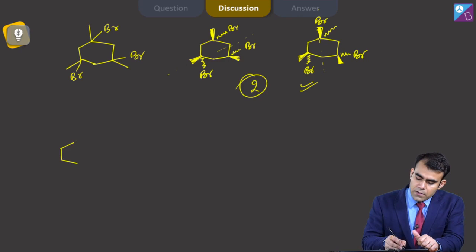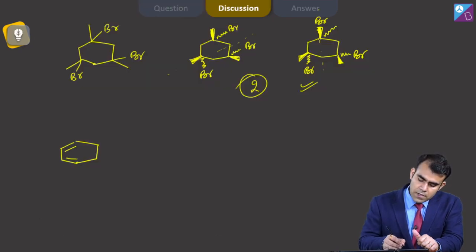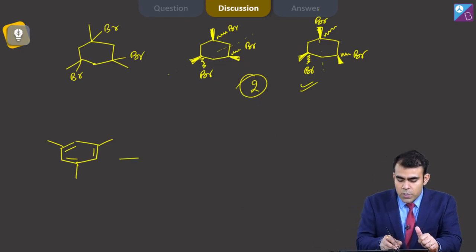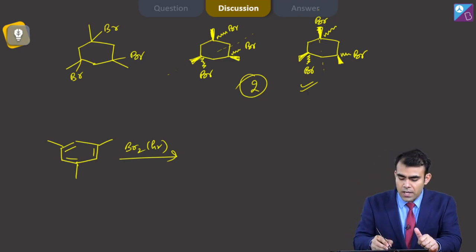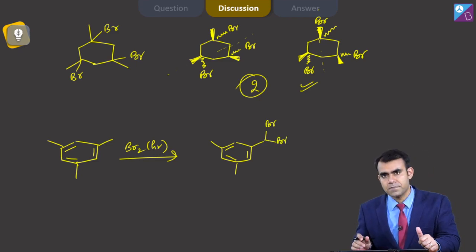Now my Q is this one. Here we have an aromatic compound and 1, 3, 5 positions contain methyl groups. Now we are doing bromination, and we are doing dibromination. Now if I am doing dibromination, again we have two possibilities, that one Br here, one Br here.